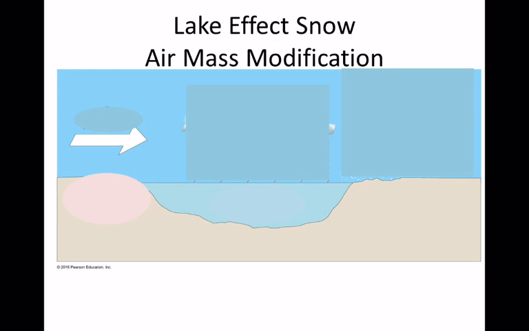So here we go. From left to right, we talked about this prevailing wind. Remember, the Great Lakes would be part of the Ferrell cell, so they do have a surface mid-latitude westerly wind. So you can have a continental polar air mass, cold and dry, going over the Great Lakes. Notice the Great Lake is, in this case, a little bit toasty. Those large bodies of water take a while to cool down.